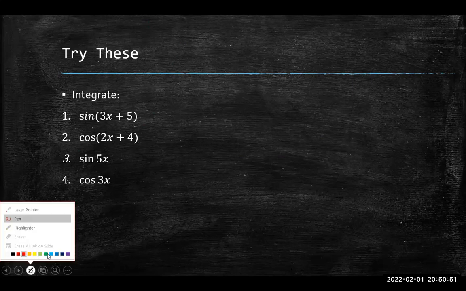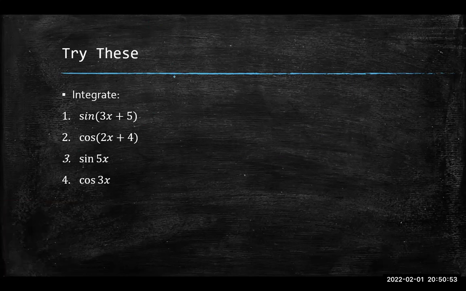That is all I am doing. So the integral of sine ax plus b dx is equal to minus 1 on a cos ax plus b plus c. So this angle here stays the same. And I'm putting minus 1 on a, can't forget the plus b.